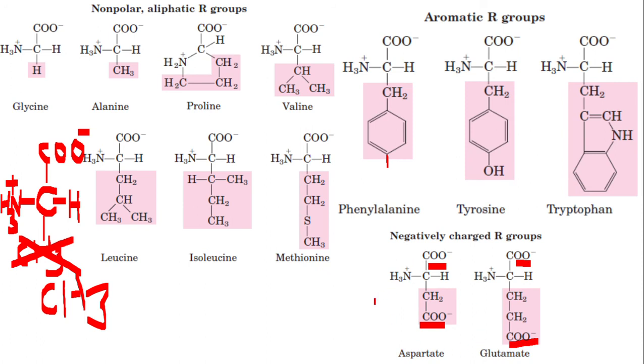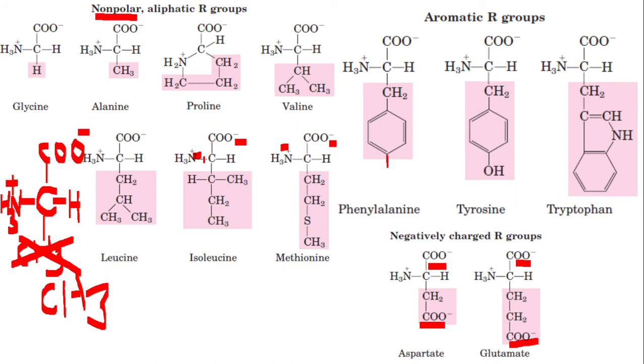Then you see, come back. These amino acids are all ionized. They all consist of negative and positive charges. Still we did not say that they are negatively charged or positively charged amino acids. Why? And here we told that they are non-polar amino acids. You know why?